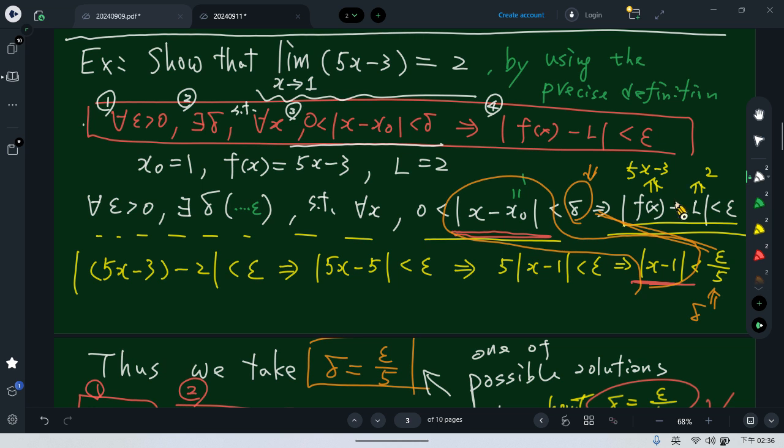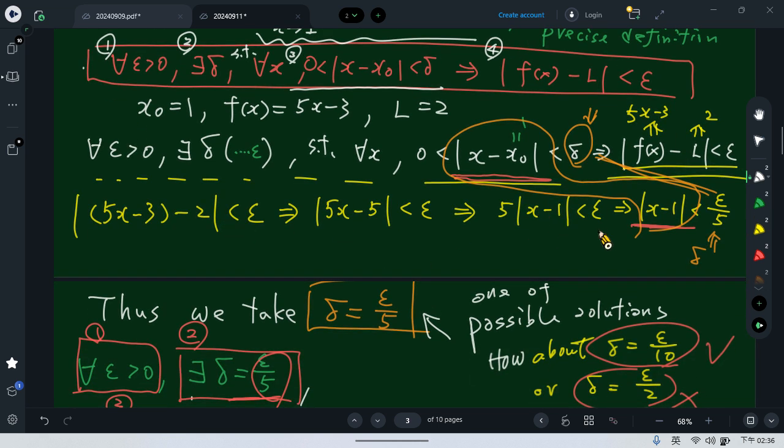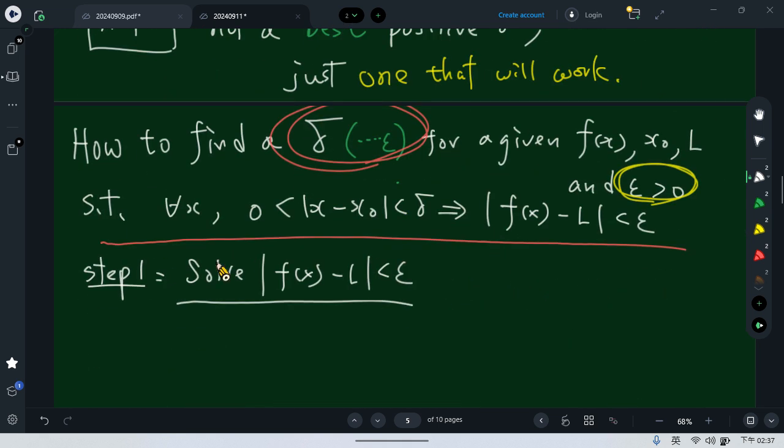But based on this result, we're trying to trace back to see how can we just find the delta. So in the beginning, try to solve the inequality first by using this to find an open interval AB.